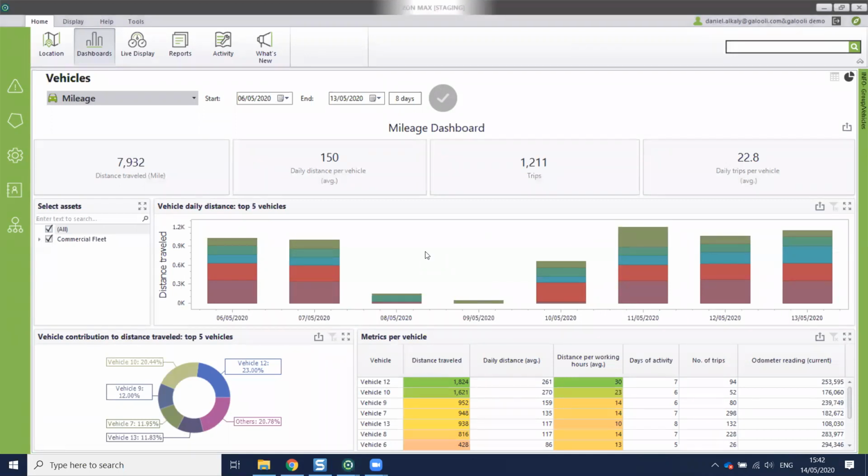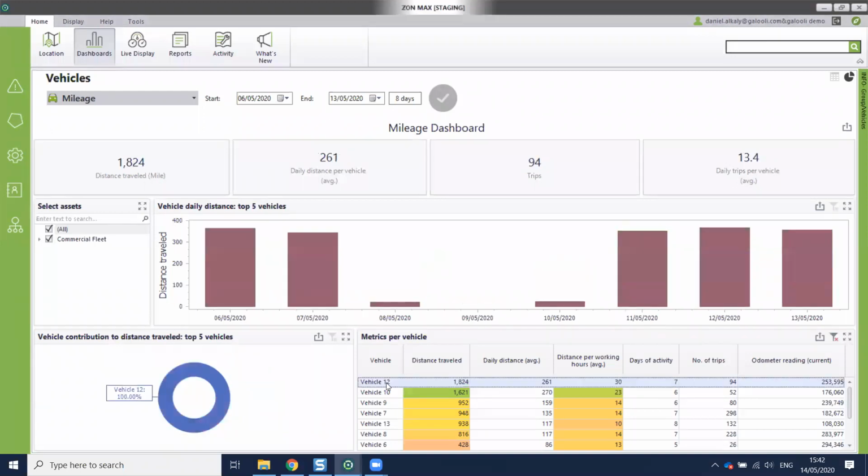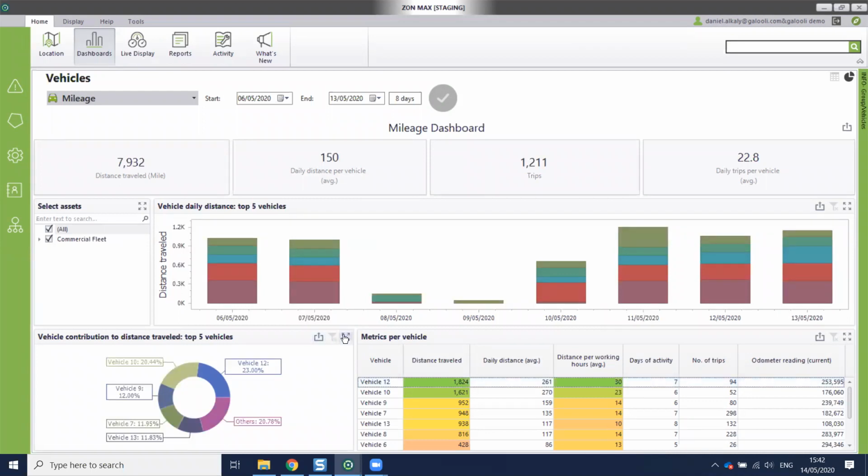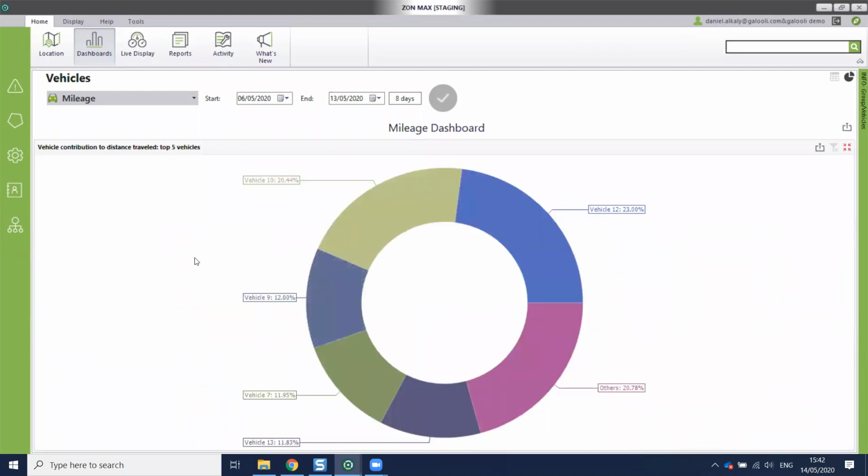Like anything, I can always see this information by filtering. Then I have the distance traveled, for instance, for vehicle 12 on a daily basis. This pie chart is a little bit similar to what we saw before. It is the percentage of distance traveled by each of the vehicles. Let me explain this a little better.